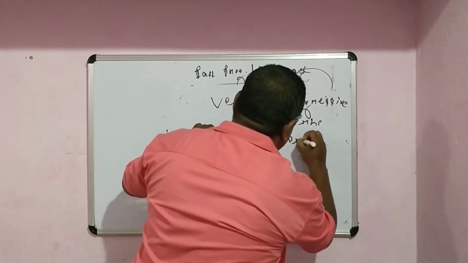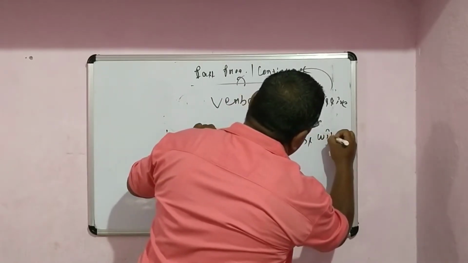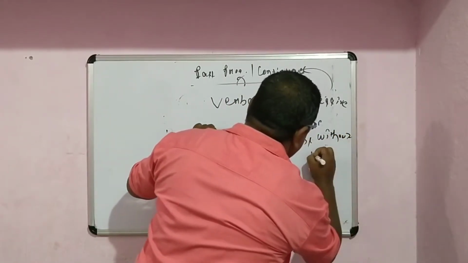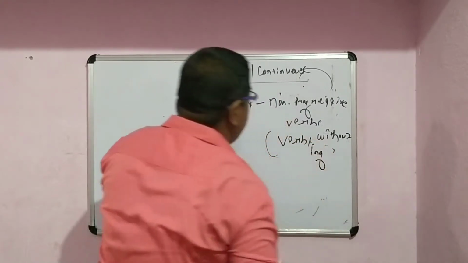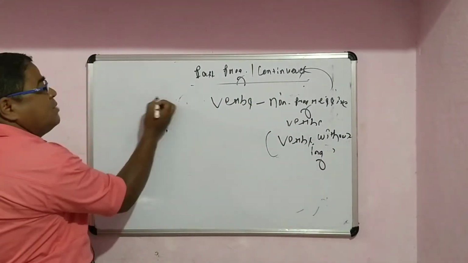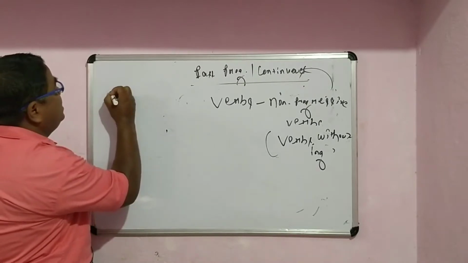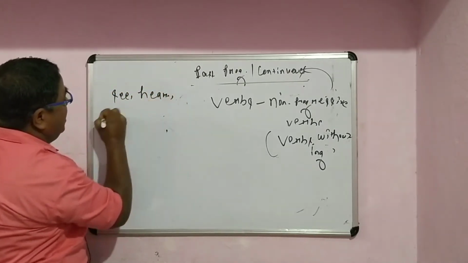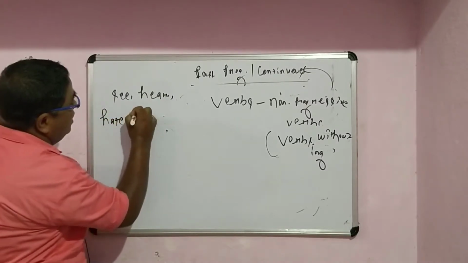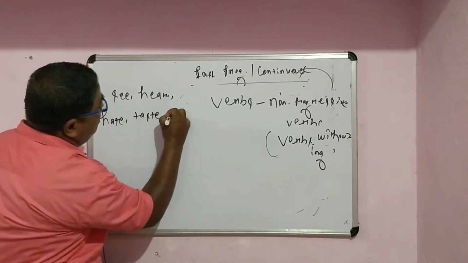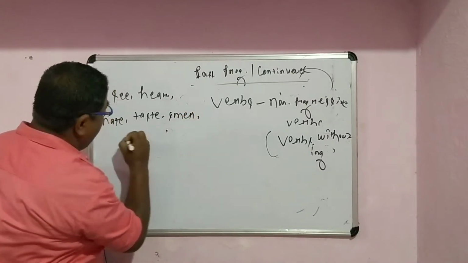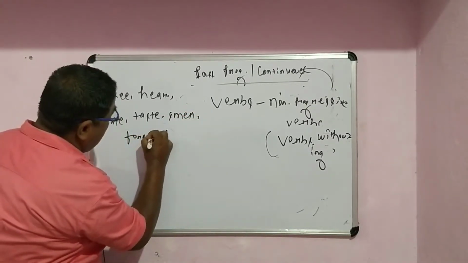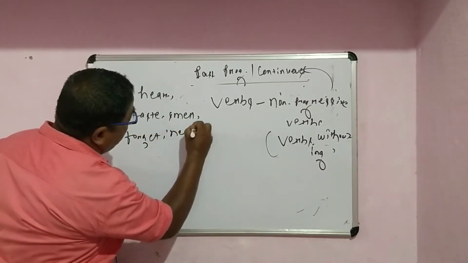Non-progressive means verbs without ing. That means when verbs don't take ing, these verbs are called non-progressive. Particularly remember such types of verbs which are purely non-progressive, just like see, hear, hate. Another verb is taste, another is smell, another is forget, another is need or require.